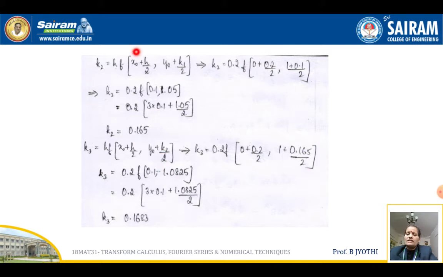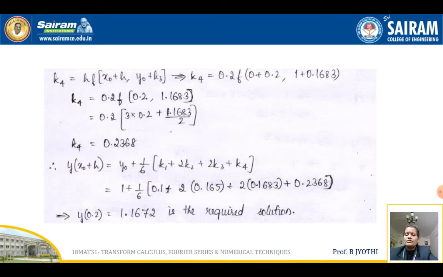K2, I have already explained; the formula is known, we just need to substitute. So we get 0.165. And k3, again by applying this formula, we get 0.1683. Next, k4 is 0.2368 by using the formula again.